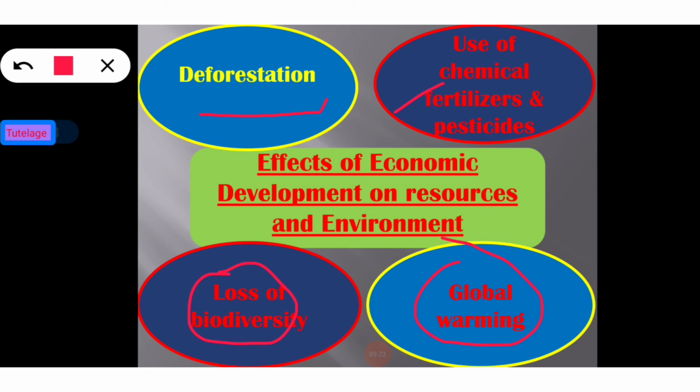Some regions would see a dramatic increase in the rainfall and others would face drought with meagre rainfall. So these would affect the agricultural and natural vegetation. And changes in the global temperature patterns would lead to a change in the redistribution of plants and animals. So economic development has inflicted various damages to the environment and the natural resources.